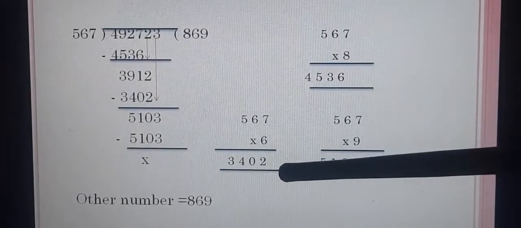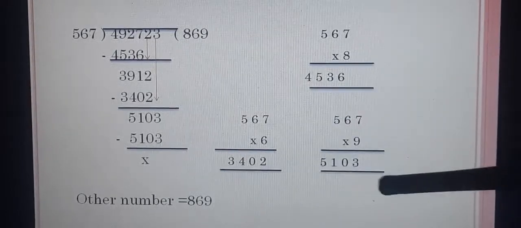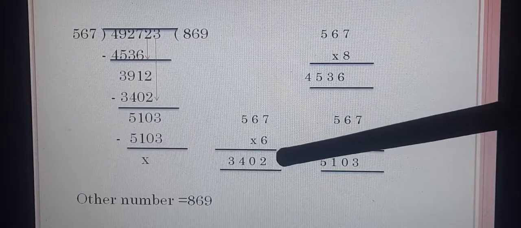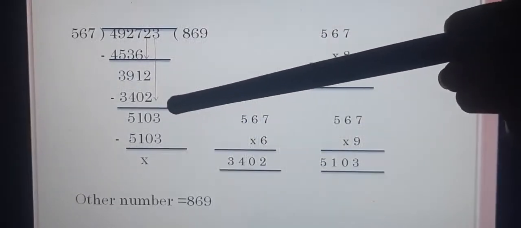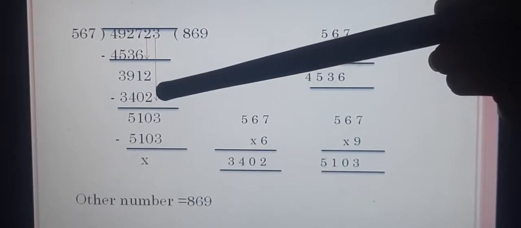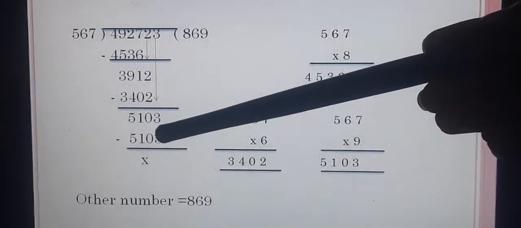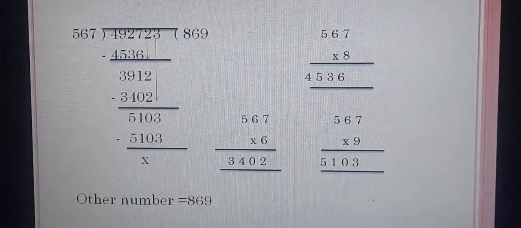567 6s are 3,402. You can do multiplication in rough column because the number is big, so you can check. 567 6s are 3,402, which we can write below 3,912. Keep in mind that the remainder should not be more than your divisor. Right?